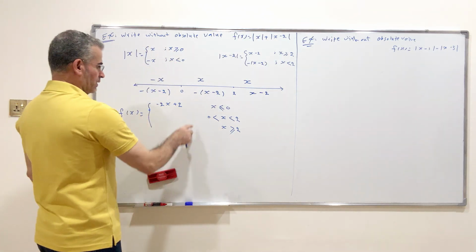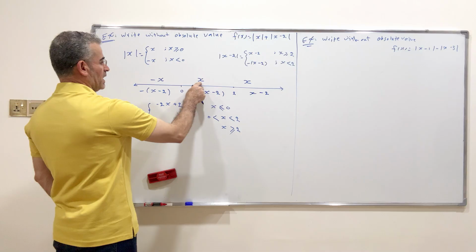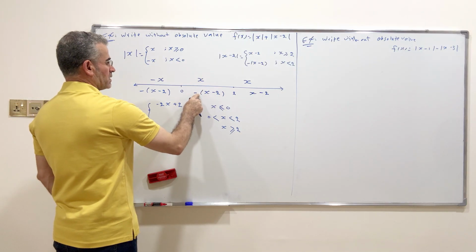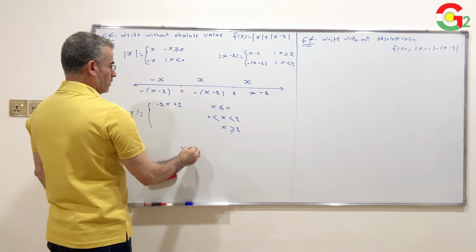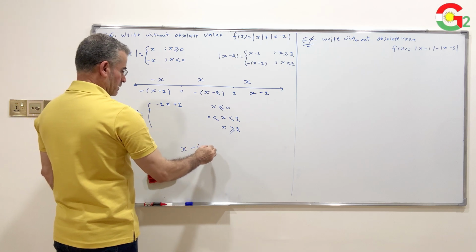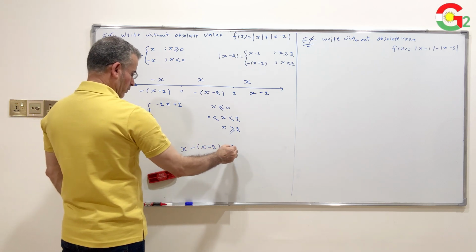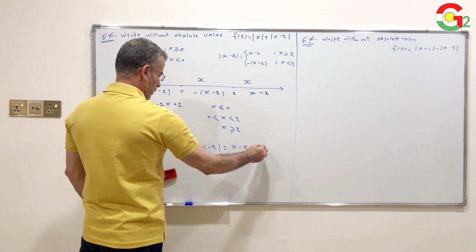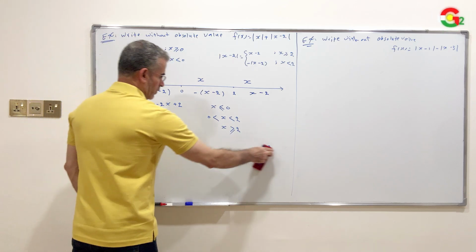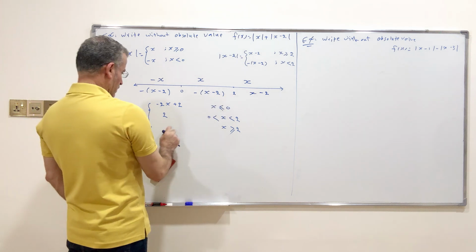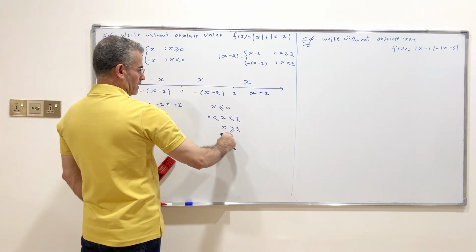What is the function here? It is x plus negative bracket x minus 2. It is x minus x plus 2, equal to 2. It is 2. What is the function here? x greater than 2.